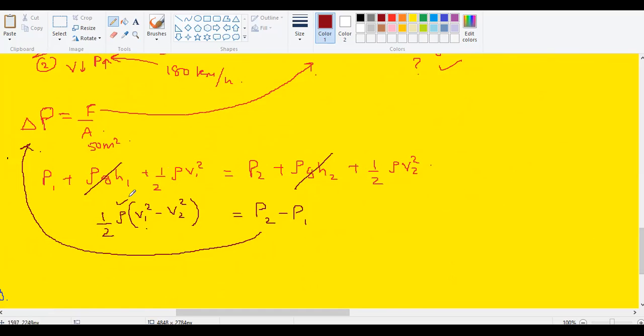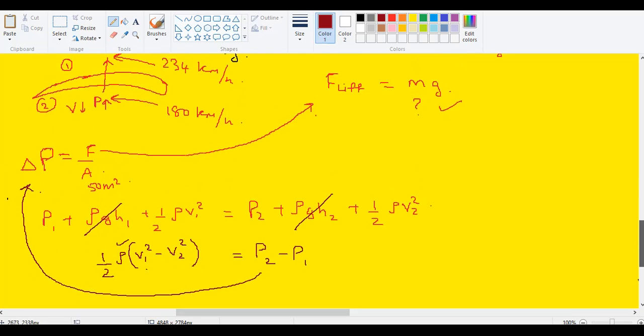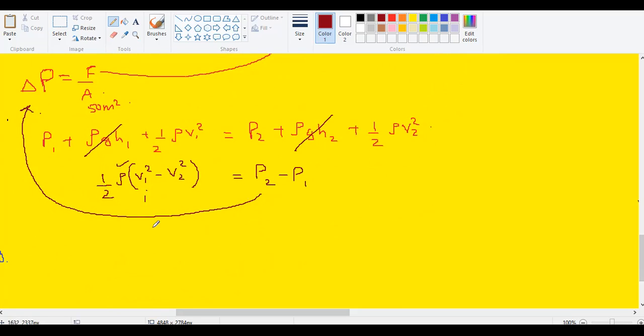So the density is given, and V1 square, V2 square, you have to convert to meter per second. I'm not going to do it, so do it yourself. Do the math and you will get it in meter per second.